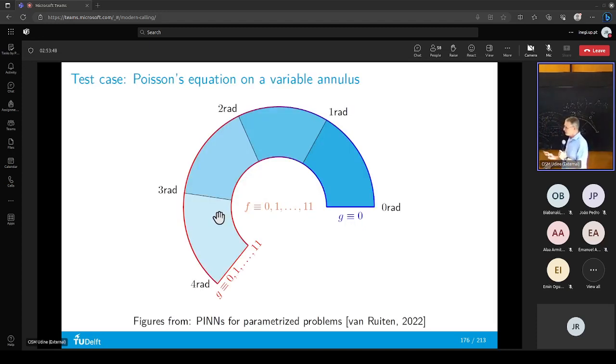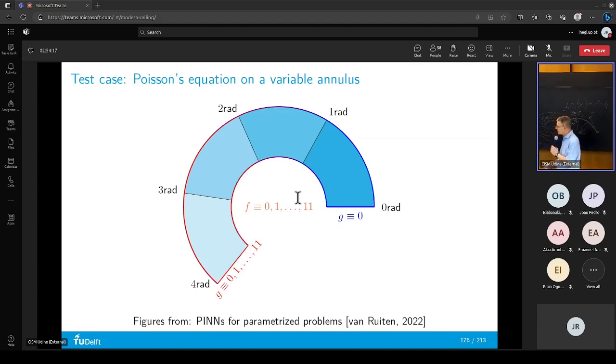And here I'm showing you, again as a mathematician, a very simple case. We trained on four different geometries, different quarters or parts of the annulus. We always have Dirichlet condition 0 here. We have Dirichlet condition 0 and 1 up to 11 here, and then it linearly goes down to 0.